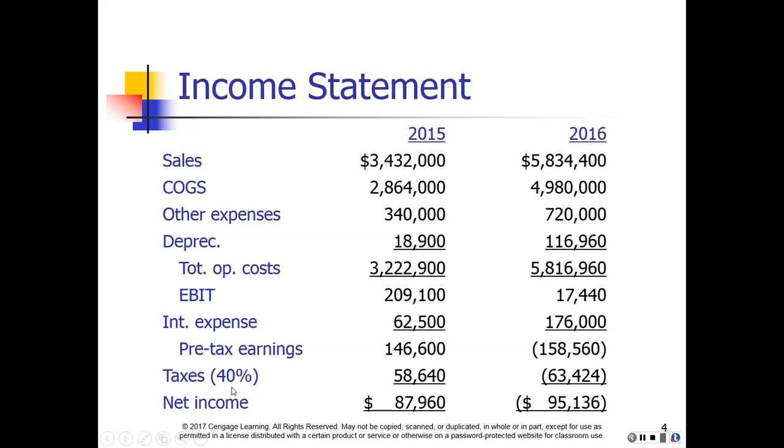Anyways, all we'll have to do now is apply a different percent. But it's the same thing. You take the percent, 40% in this case, of pre-tax earnings, also known as EBT, earnings before taxes, and we get net income, which is 87,960, right?